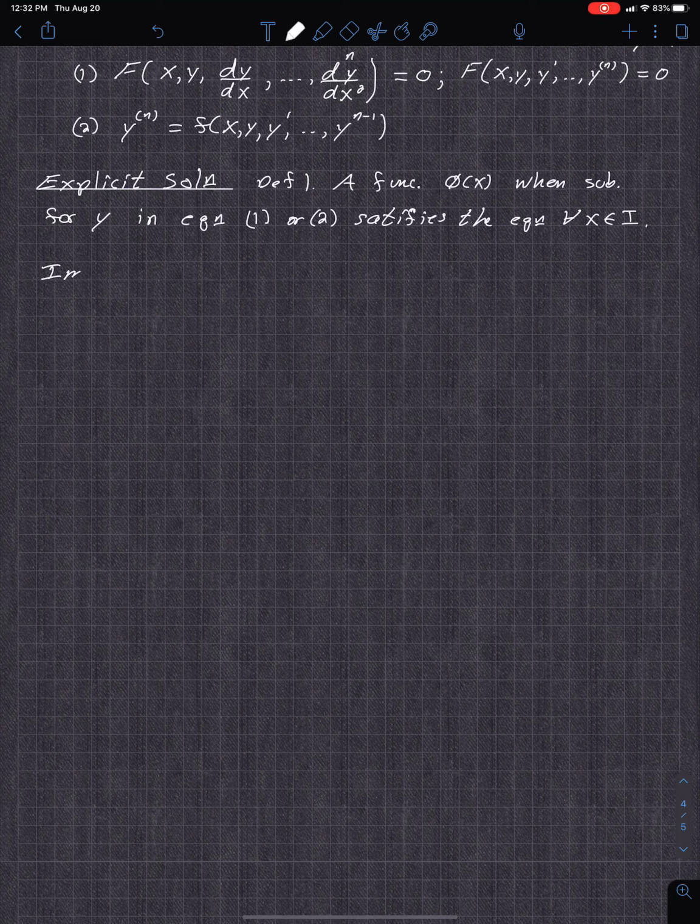And frankly, that's more of what's easier to find. Sometimes it's impossible to find the explicit solution, but you can find it implicitly. So it's a relation.